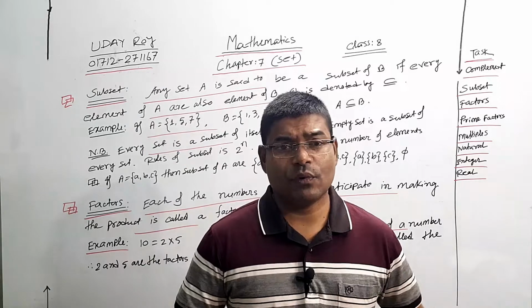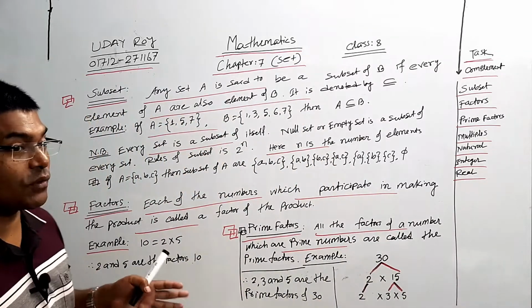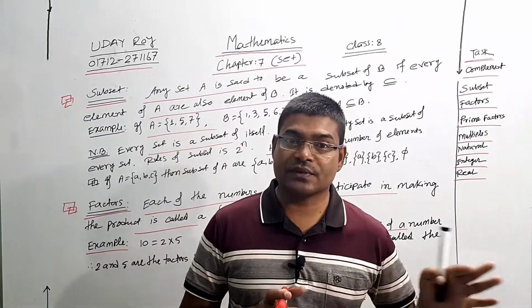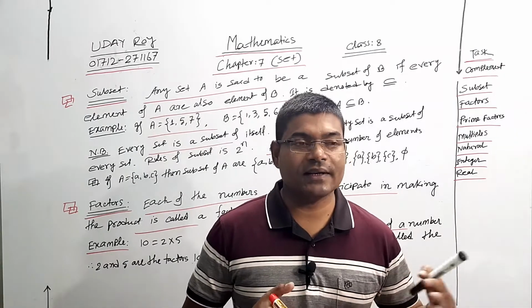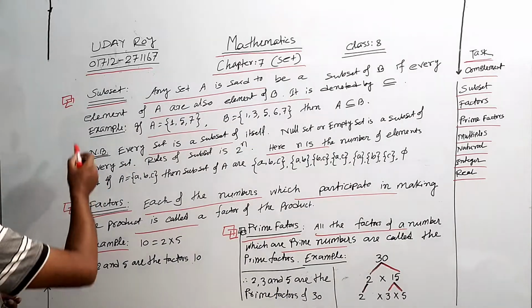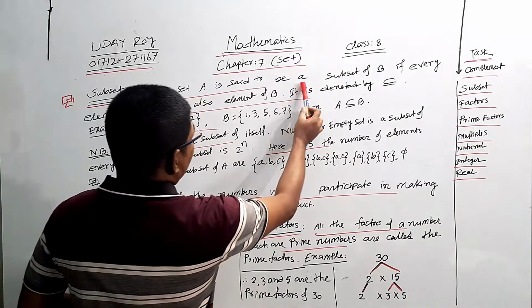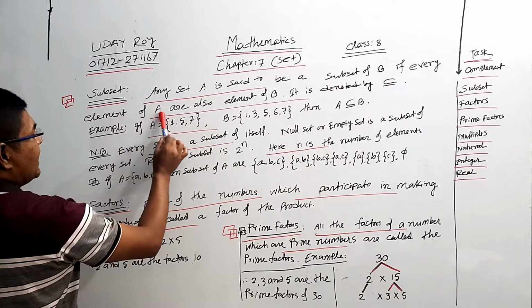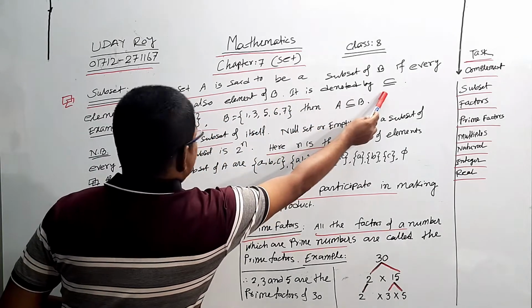So please follow the board, and you can say here is a subset equal to what is called subset. We have to know definition of subset, and already we have learned the complement. Okay, let's come back to the board. You can say here is subset equal to any set A is said to be a subset of B if every element of A are also element of B. It is denoted by this.